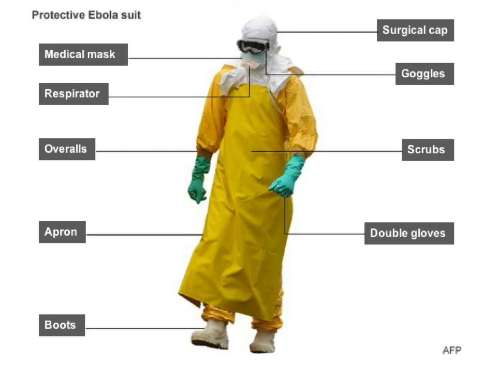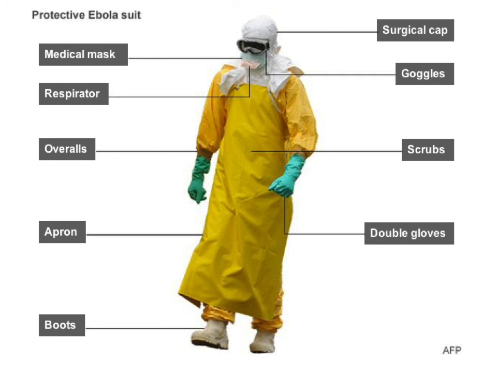An important part of dealing with diseases like Ebola is proper PPE, or personal protective equipment. You can see here the type of equipment that's used by somebody who's dealing with a patient with Ebola. This is very serious. You have to have goggles, scrubs, overalls, aprons, double gloves, boots, and so on.